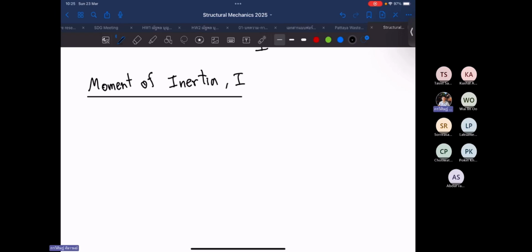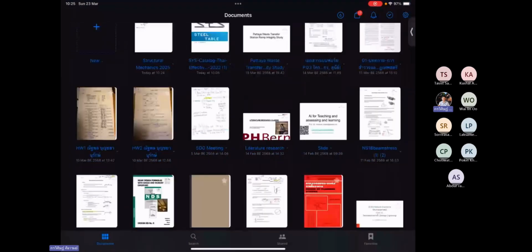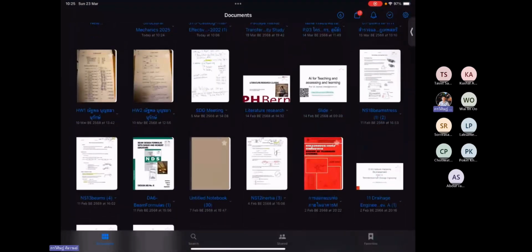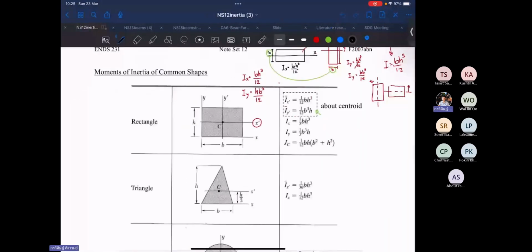Actually we have many formulas depending on the shape of the section. But luckily for construction, the material section is typically in rectangle shape.